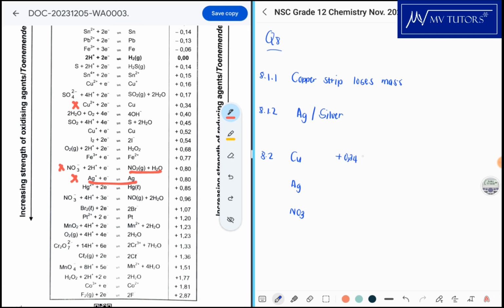The silver, we don't really need to write this down, positive 0.8 volts. Same with the nitrate. But the way in which I wrote this, I should have actually written the nitrate above.